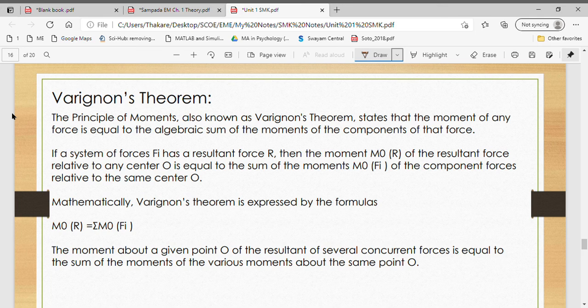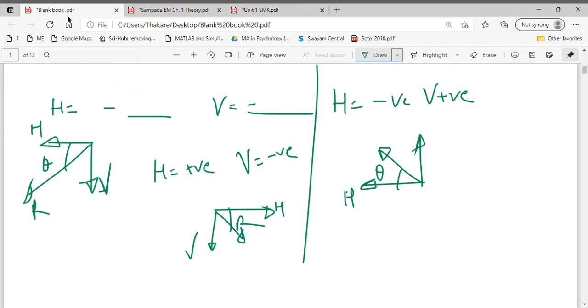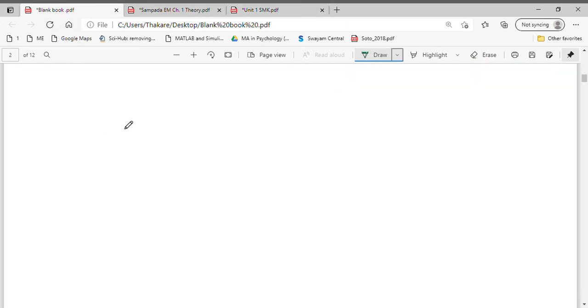Varignon's theorem, or the principle of moments, states that the moment of any force is equal to the algebraic sum of moments of the components of that force, or the moment of the resultant about a point will be equal to the summation of moments of each individual force about that same point.